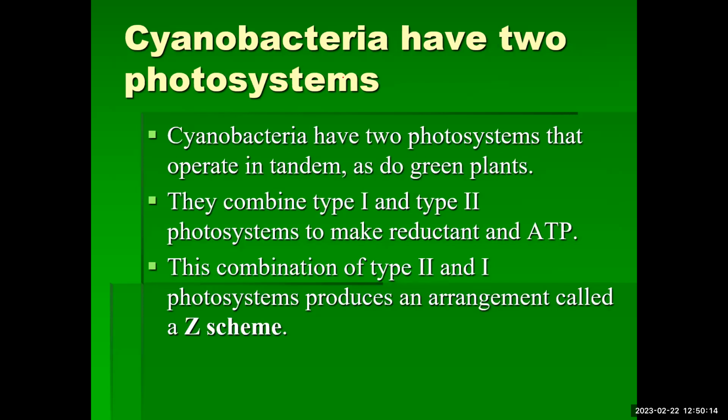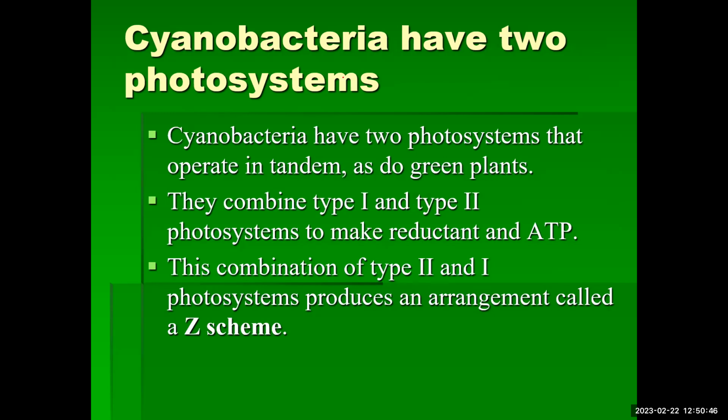Now, blue-green bacteria, cyanobacteria, and green plants have the two photosystems that work in tandem. So the type 2 photosystem, like the kind that you see in blue-green bacteria and in purple sulfur bacteria, is the first photosystem. And the second photosystem is the type 1 photosystem, like the kind you see in green sulfur bacteria.